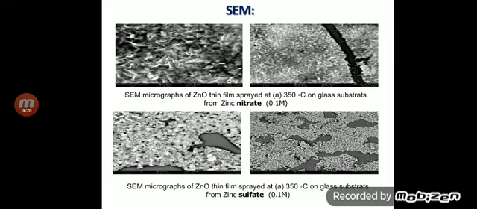Scanning electron microscopy analysis revealed that the films have a rough appearance, suggesting that the films prepared by spray can be used for photovoltaic application.